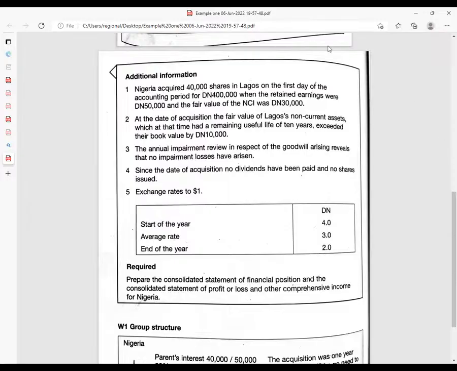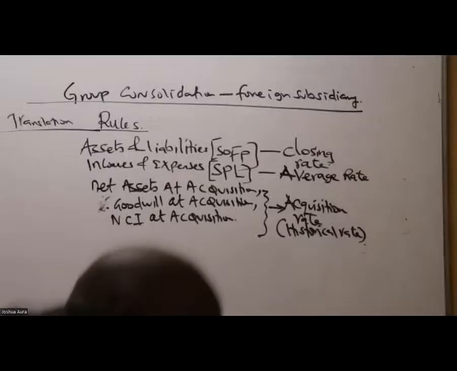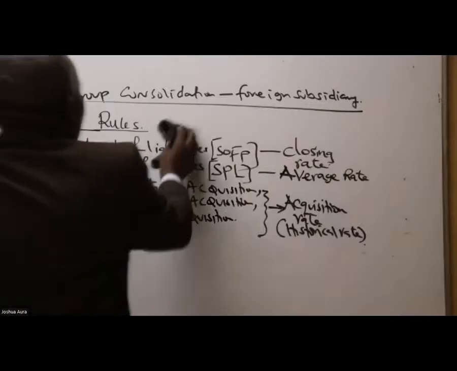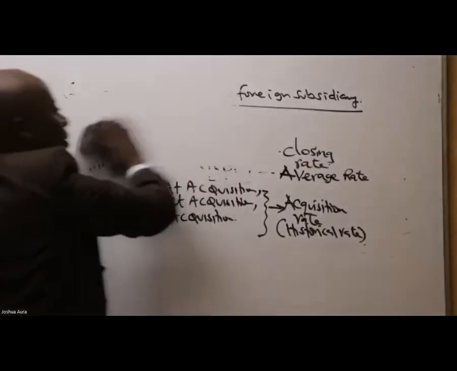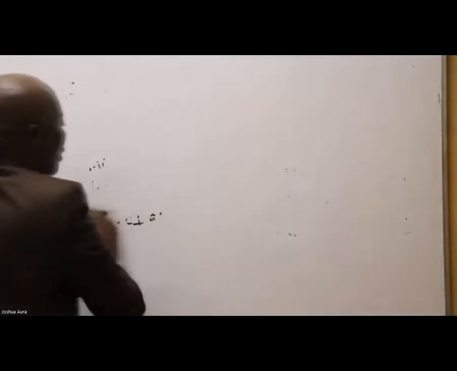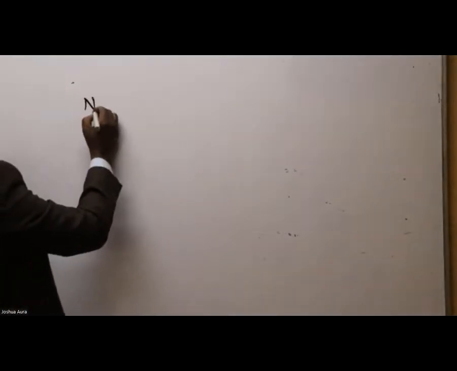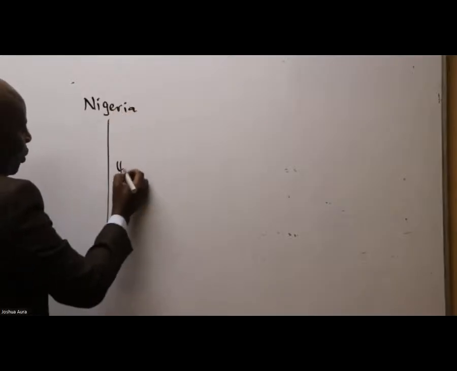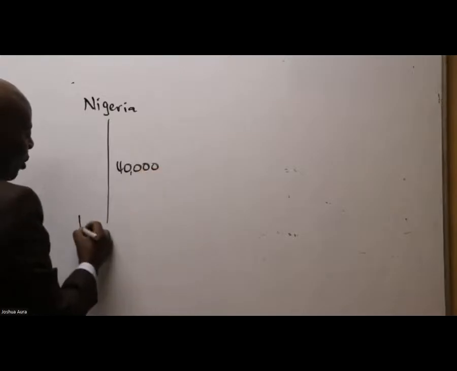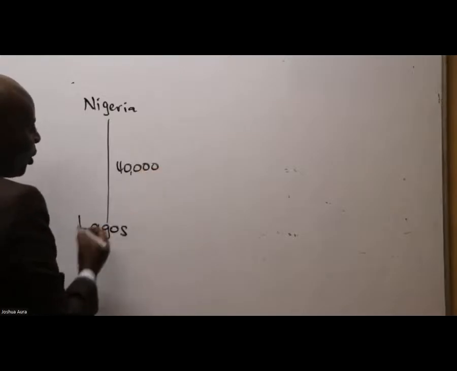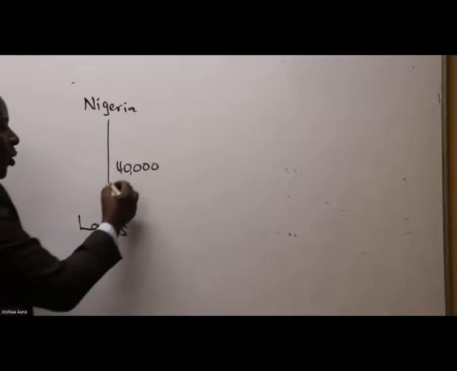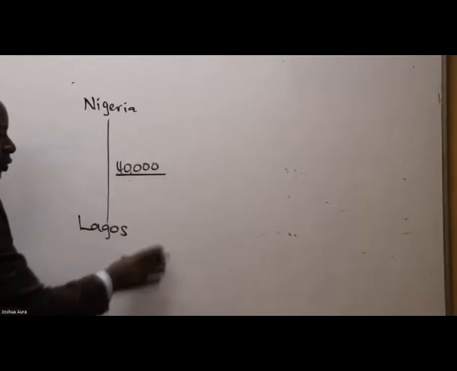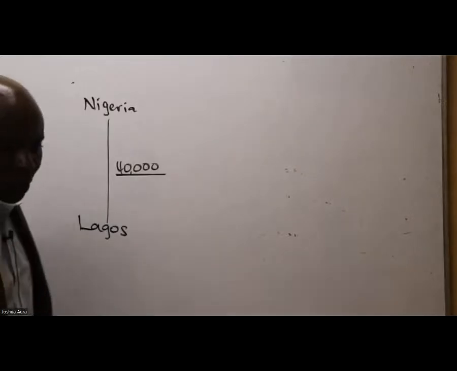So we have here Nigeria, a company called Nigeria, acquired 40,000 shares of a small company called Lagos. I'm interested in knowing the percentage of this investment. So we bought 40,000 shares of Lagos.